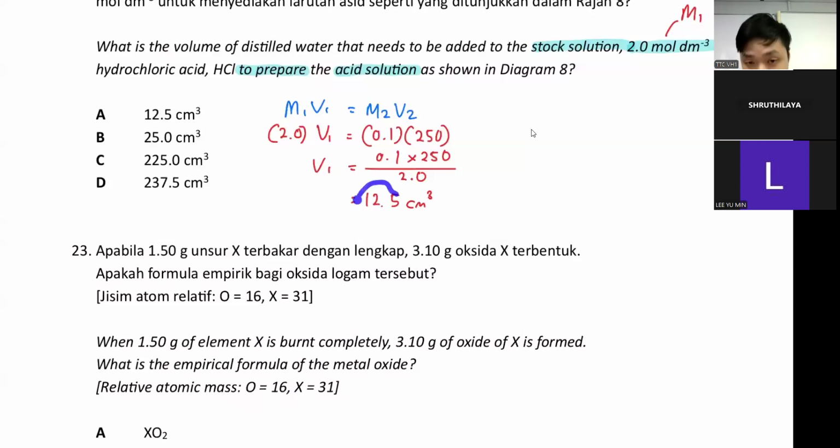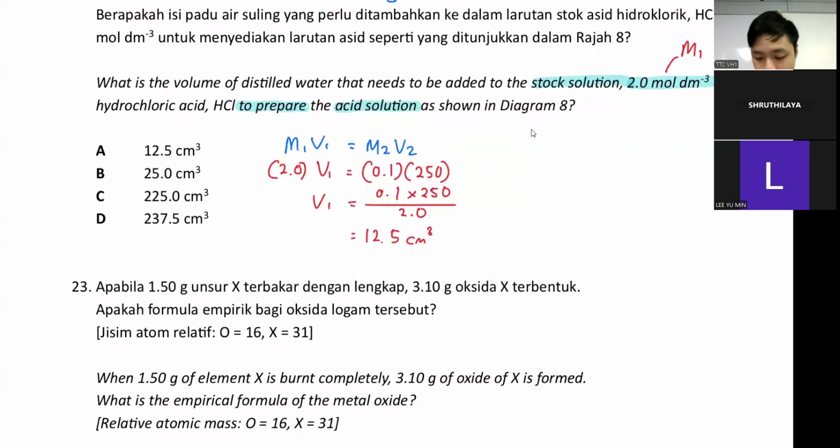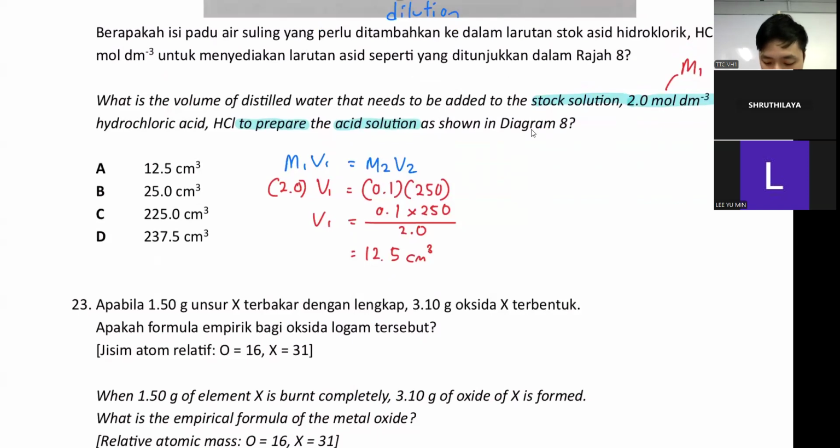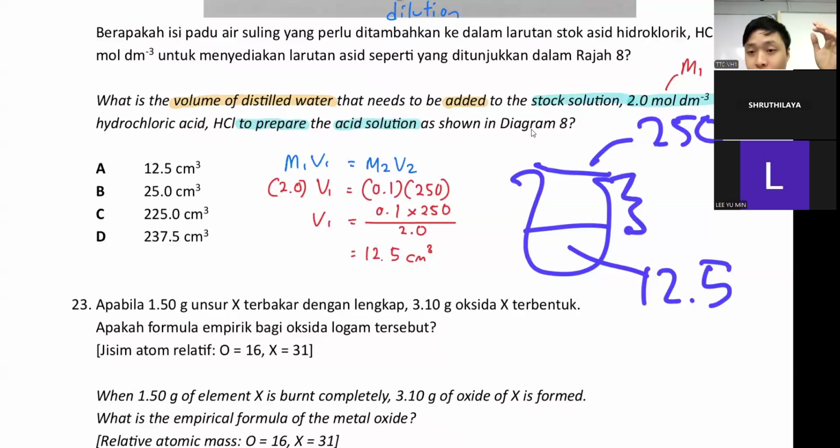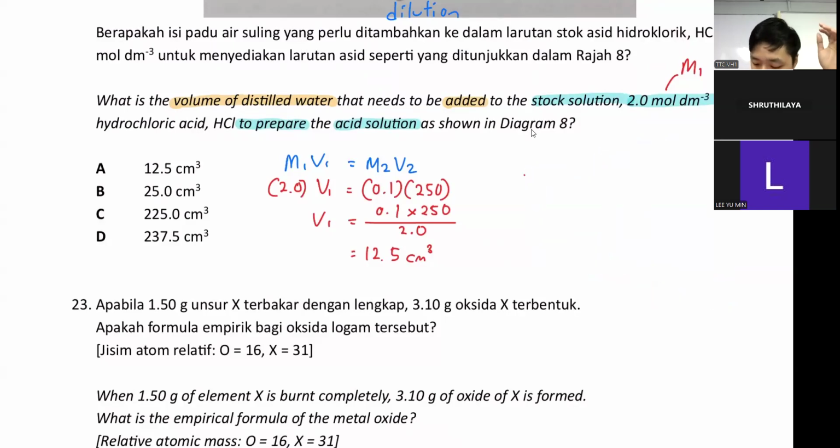Very simple, right? If the volume increases, the concentration, we'll call it the molarity, decreases. But you see what they ask: volume of distilled water added. Not V1, not V2. So how much was added from the beginning to reach 250?